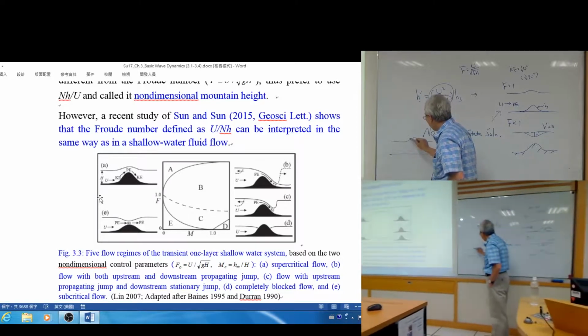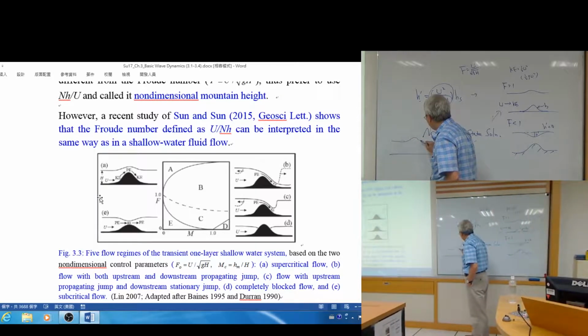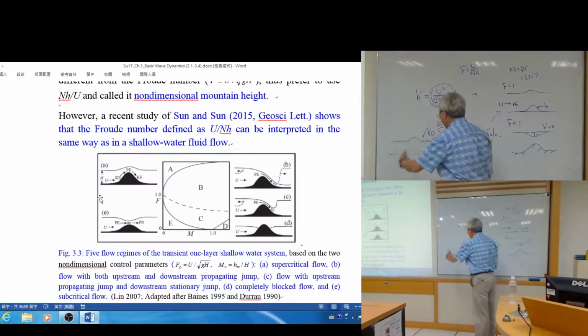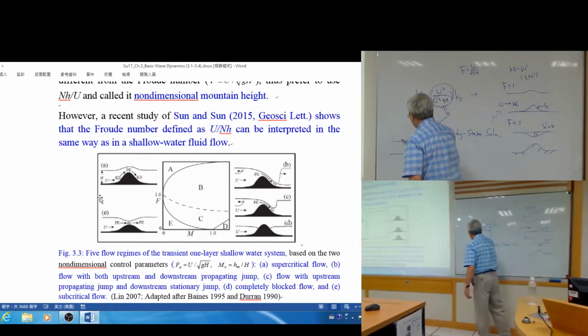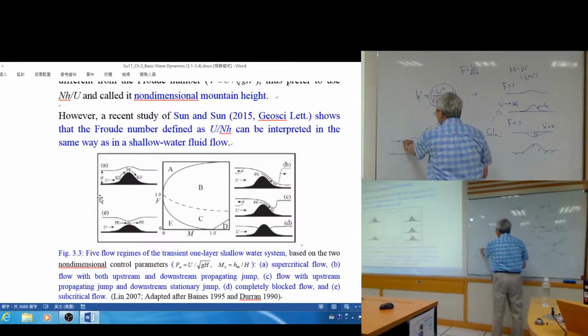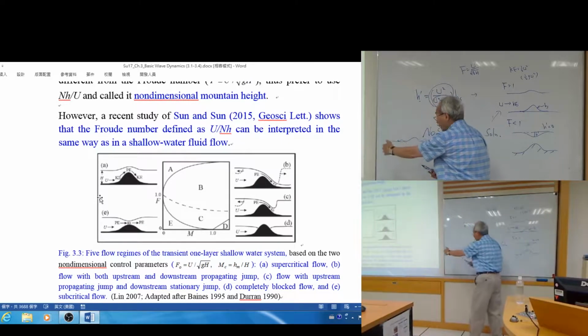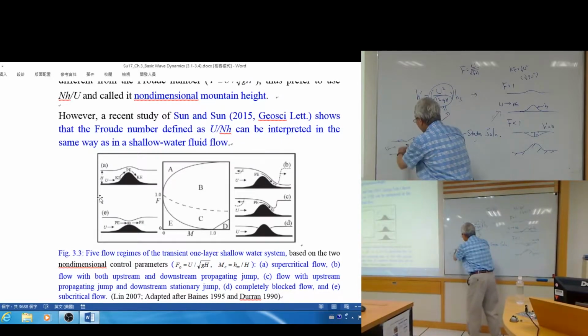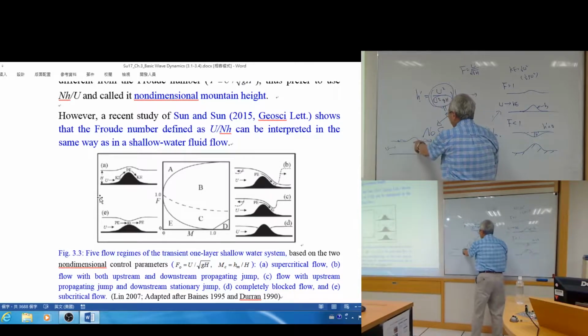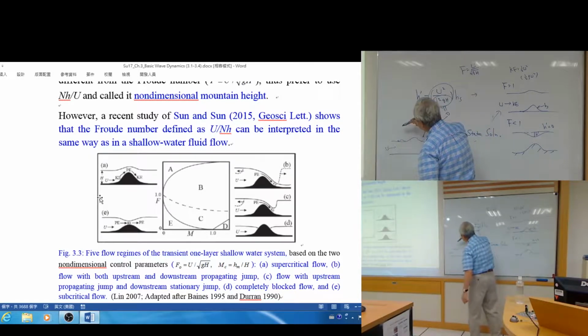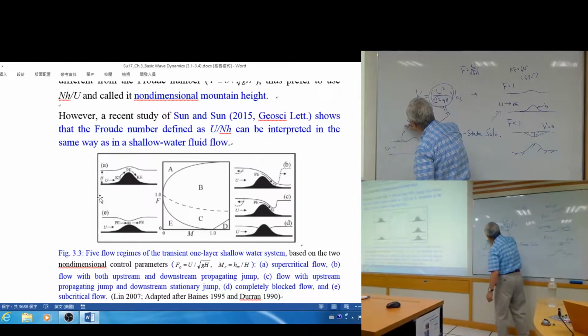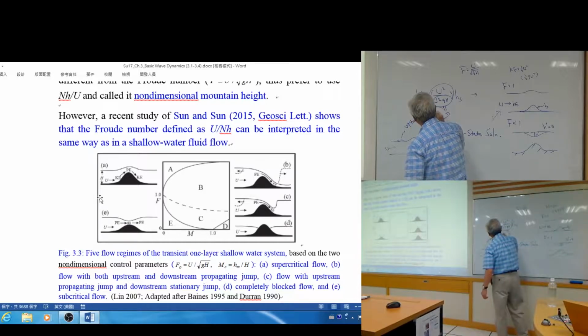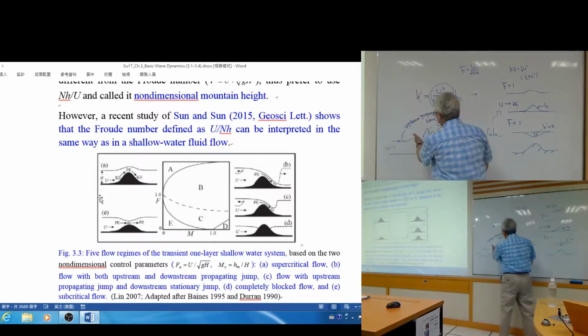One is propagating downstream, one is propagating upstream, and this one will go slower because you have basic flow coming in. This is called the upstream propagating wave, and this one the downstream propagating wave.